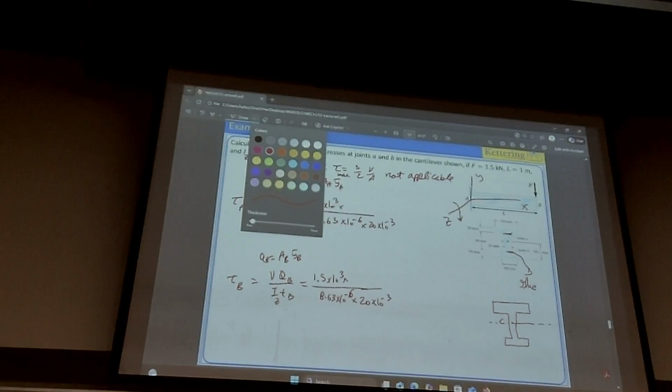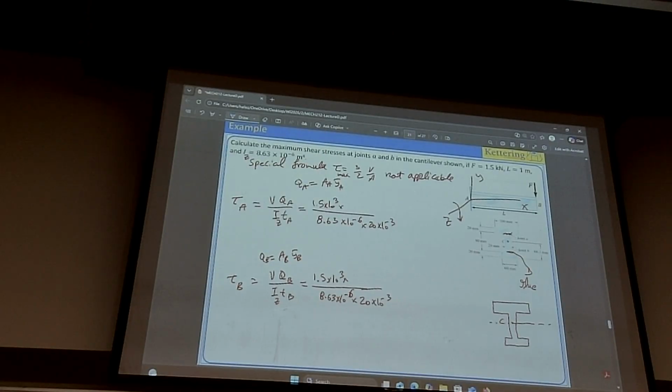So let me switch to another color, maybe blue. If you're interested in this point, A, what do you do? Go either top or bottom. If I go top, I'll be looking at only this cross section. If I go below, then I have to really go for these two segments.